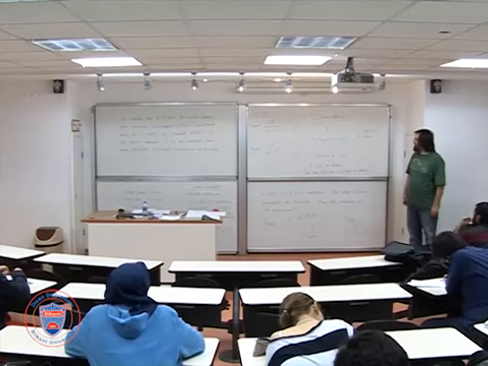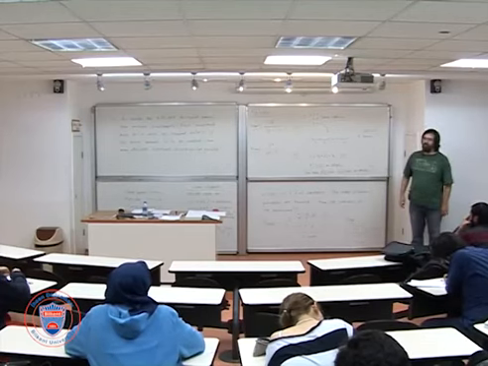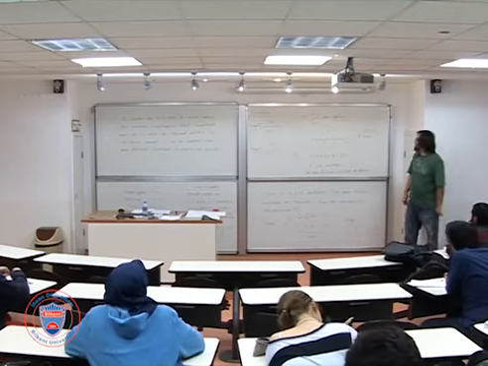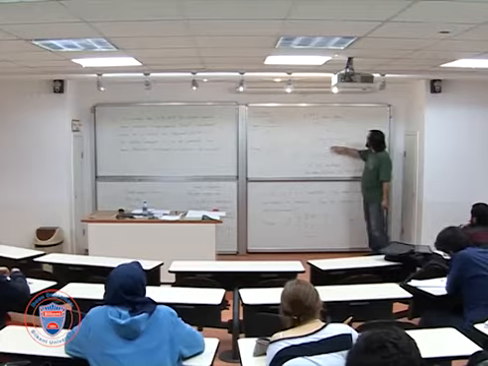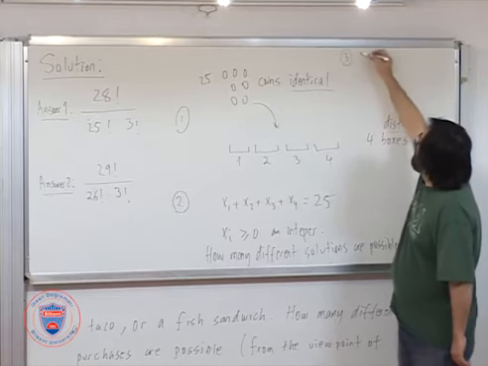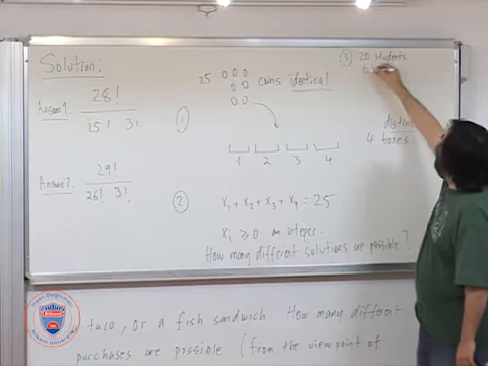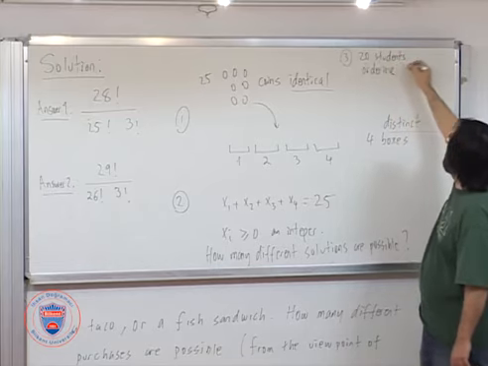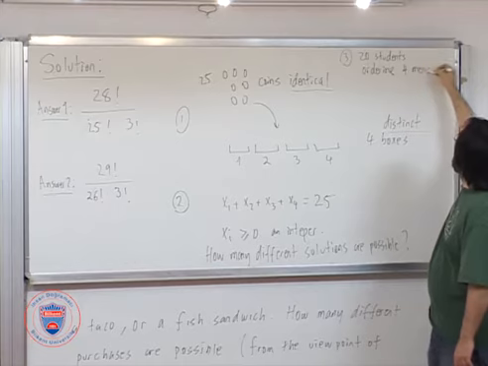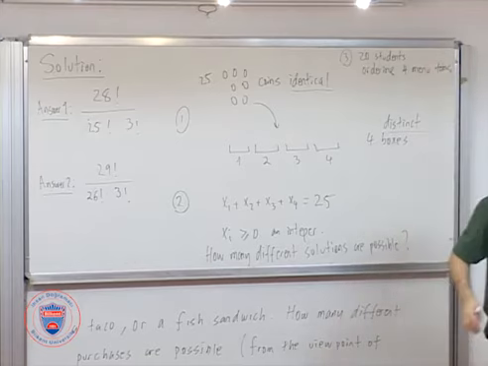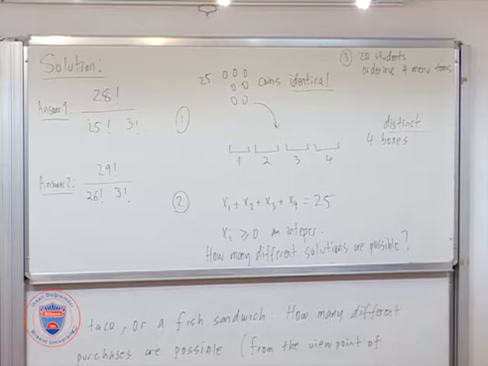Now we need a third way of looking at it, which will connect this to the previous question. Can this also be seen as 25 students ordering 4 menu items? We had students going and ordering things.